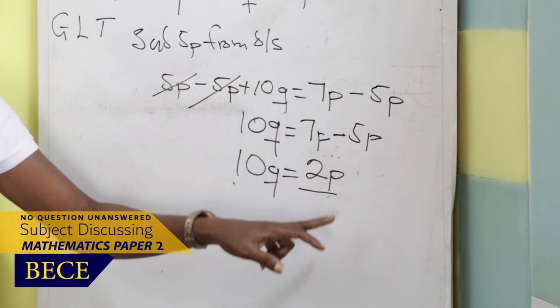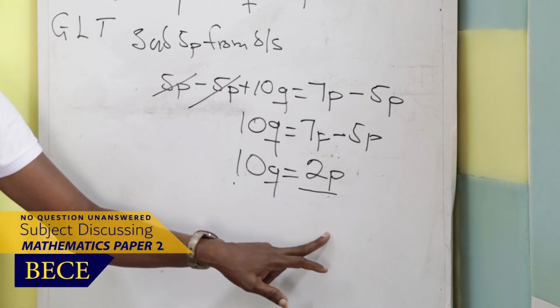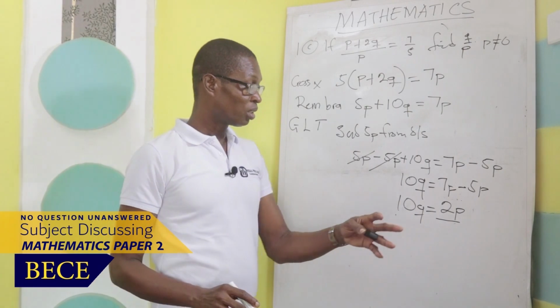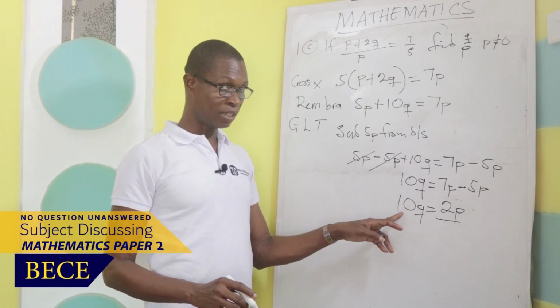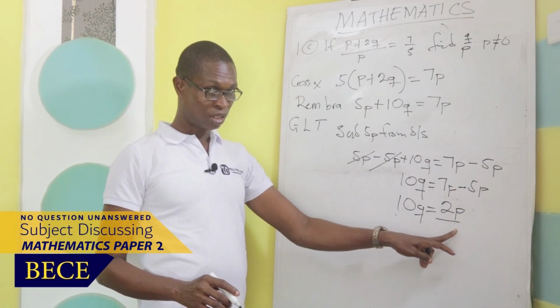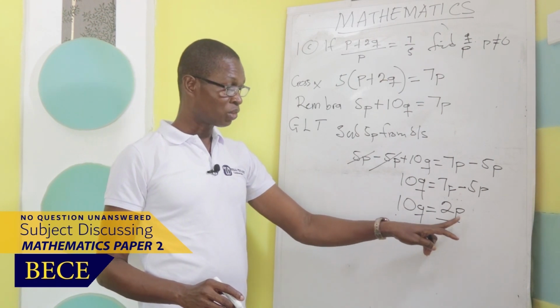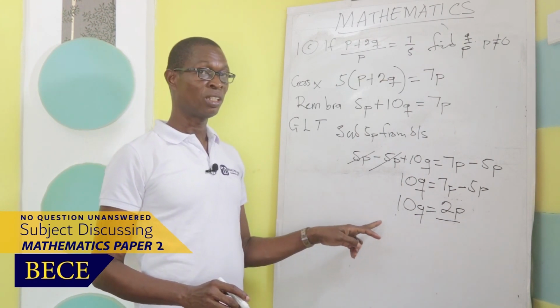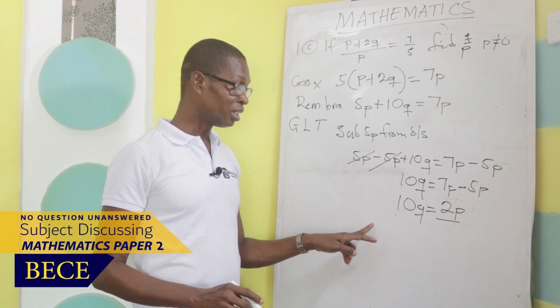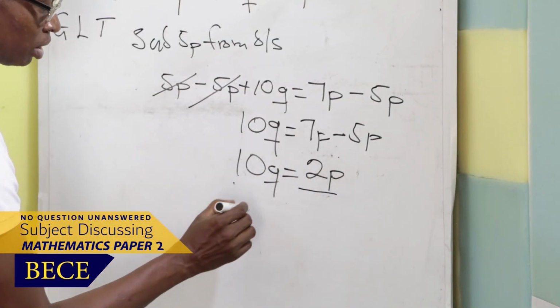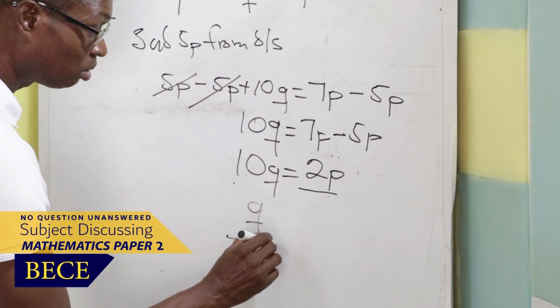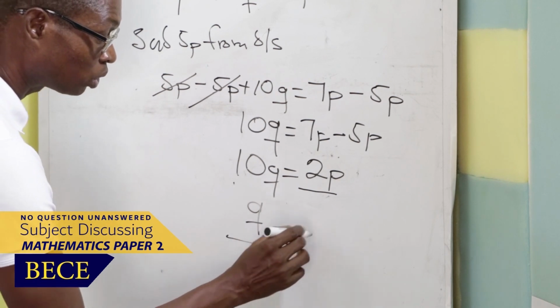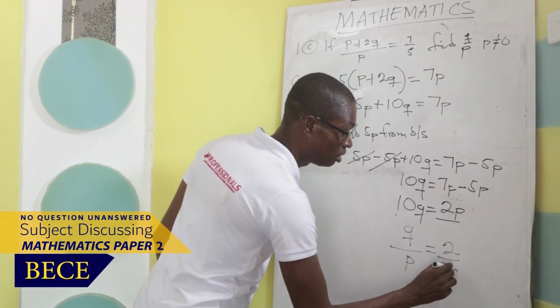When you transpose it, it becomes a denominator. Okay, so we are transposing the 10 to the right-hand side, and we are transposing the P to the left-hand side. In that case, we're going to have Q over P equals 2 over 10.